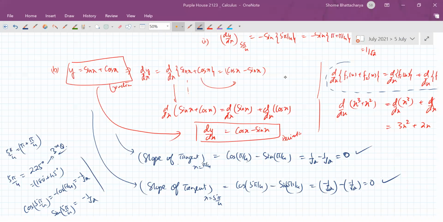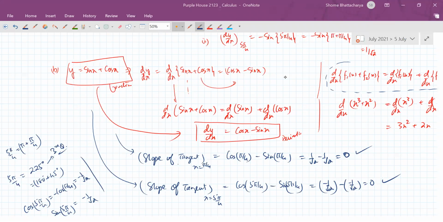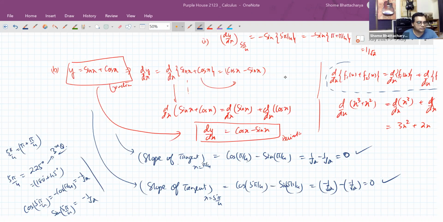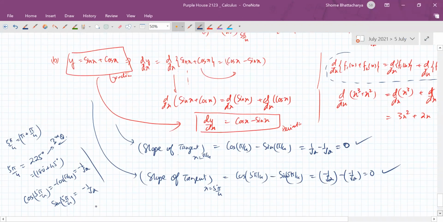Sir, for sine it will be pi upon 4, no? Sorry beta, what was that again? 5 pi by 4 for cos and for sine pi upon 4. Sine 5 pi by 4 is minus sine pi by 4, which is again minus 1 by root 2.